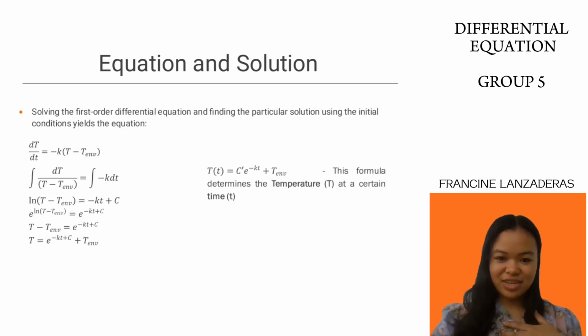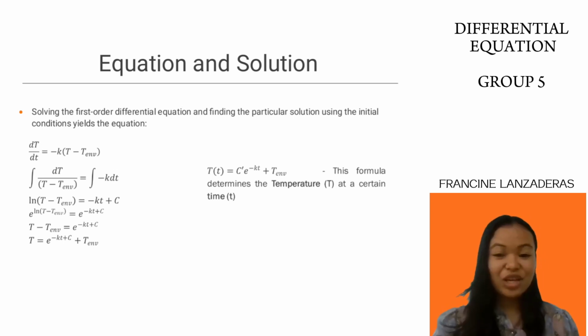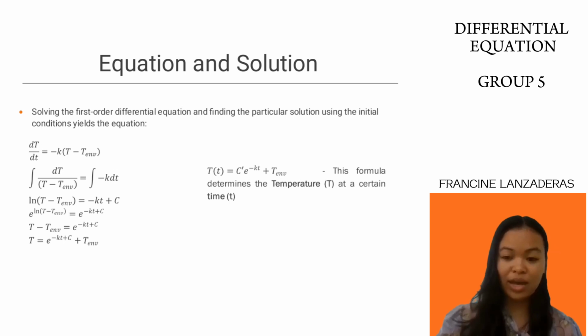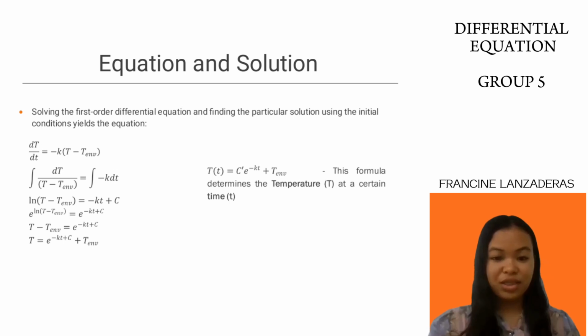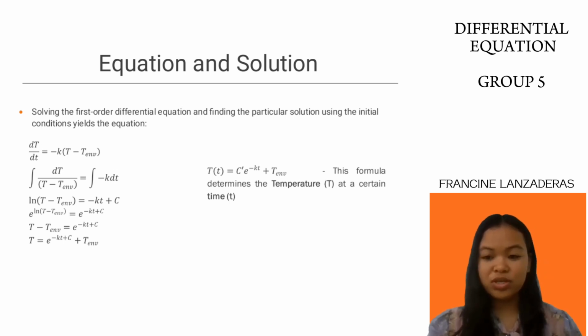I am Francine Silansaderas. Equation and its solution. The method we use to solve the differential equation representing Newton's law of cooling is separation of variables. We first separated the variables by moving all terms involving temperature to one side and all terms involving time to the other side. Then, we integrate both sides of the equation.